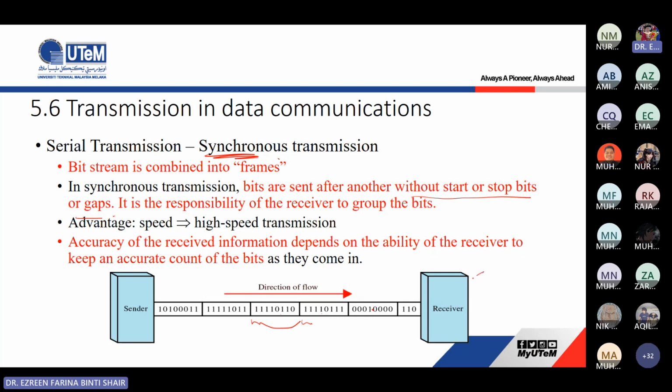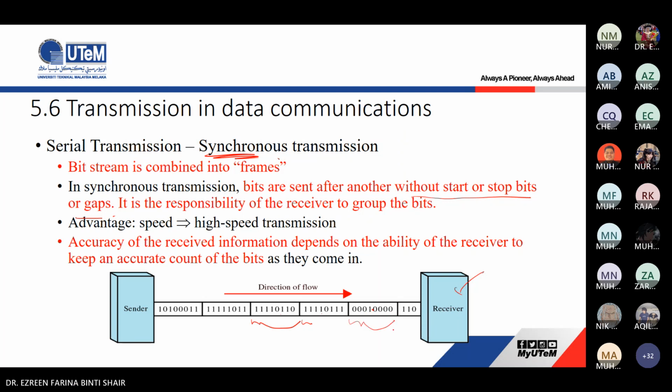So how does the receiver determine the data? By counting it one by one. It is the responsibility of the receiver to group the bits by frame. The receiver needs to count bit 1, 2, 3, 4, 5, 6, 7, and 8.